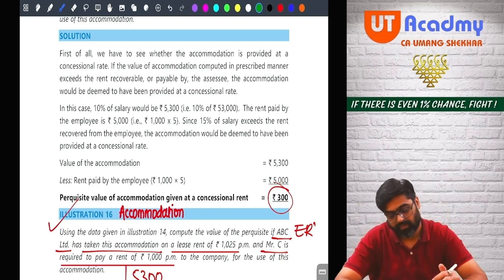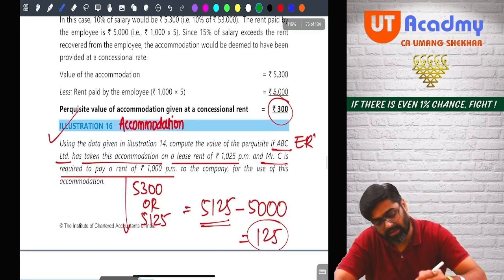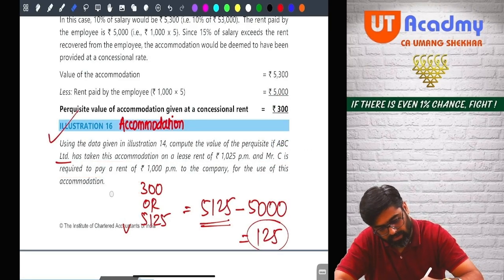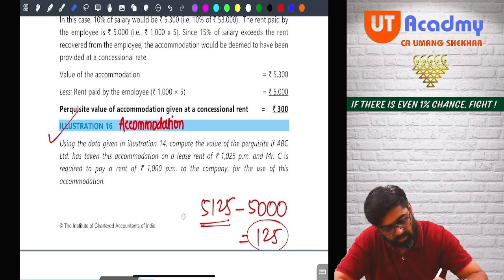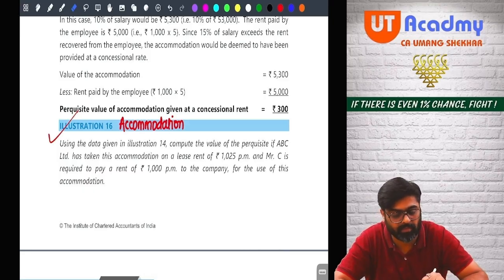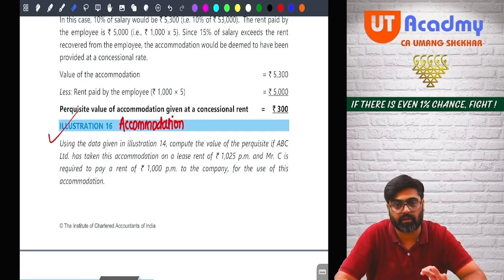Now they are saying that using the data given in illustration number 14, compute the value of perquisite if ABC Limited has taken this accommodation on lease rent of 1025 per month and Mr. C is required to pay a rent of 1000 per month to the company for the use of this accommodation. Now wait.